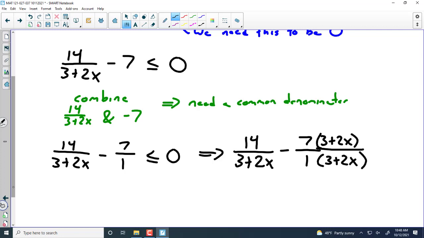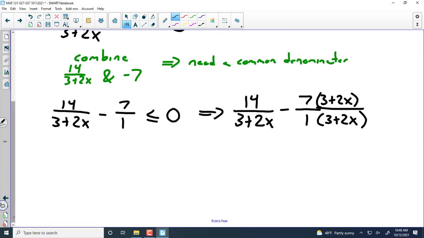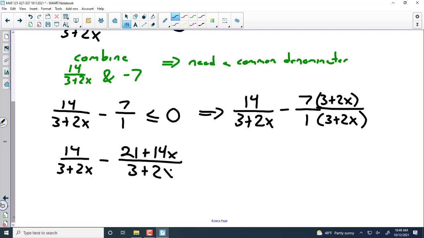I multiply that fraction by 3 plus 2x over 3 plus 2x. And now I have 21 plus 14x all over 3 plus 2x.